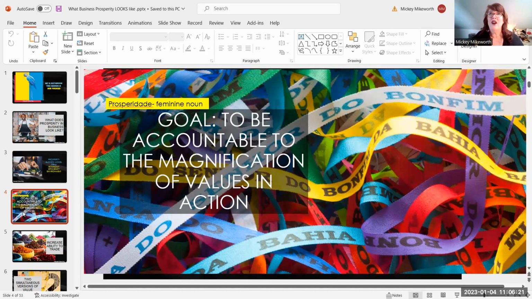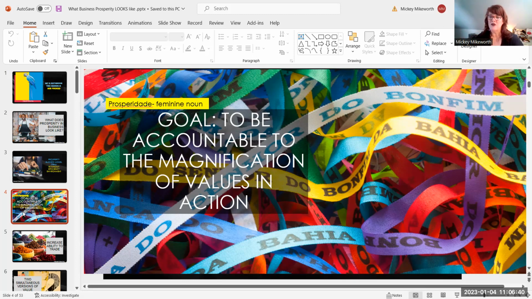Where I started with today's class, of how I am going to bring this information forward, is I went back to my time living in Brazil. I used to live in Bahia, and I was thinking about these magic ribbons that we got at the Senhor do Bonfim church that's there.